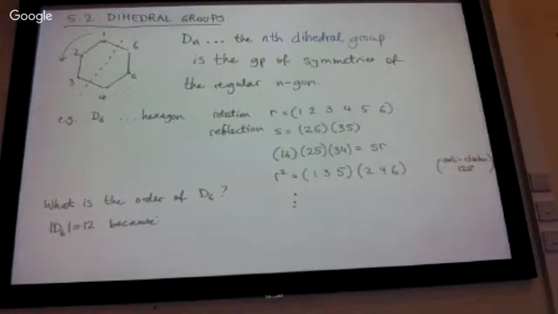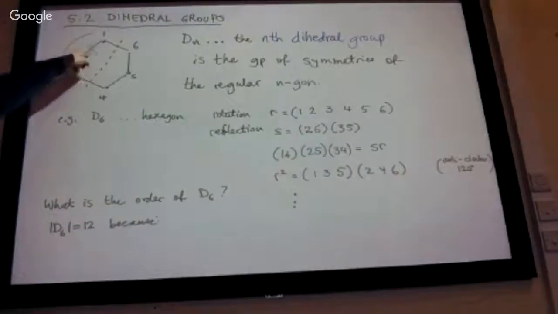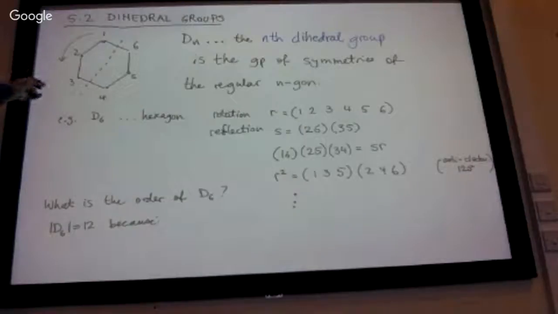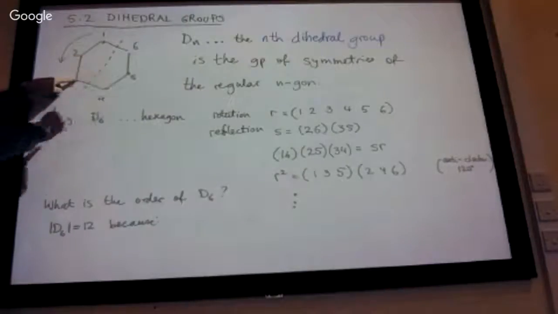Okay. So an argument that persuades me is the following. Look at 1. You can put 1 wherever you want. So there are 6 possibilities for vertex 1 to map. And then 2 has to be next to 1, so it has to be one of the neighbors. So wherever you map 1, 2 has to be one of these 2 neighbors.